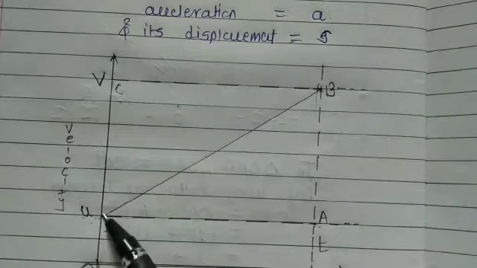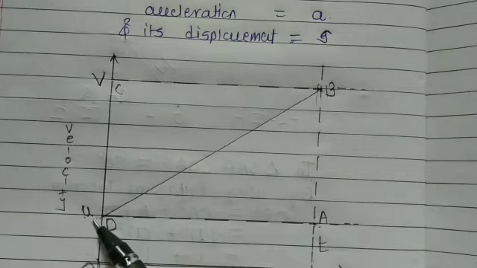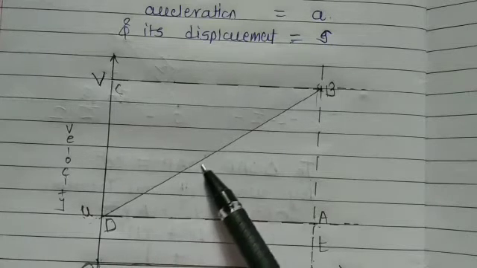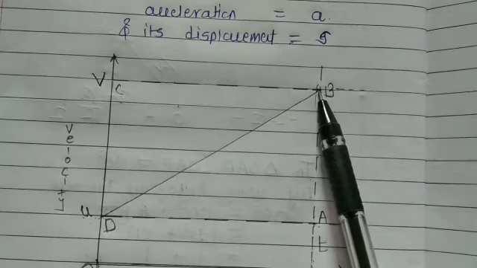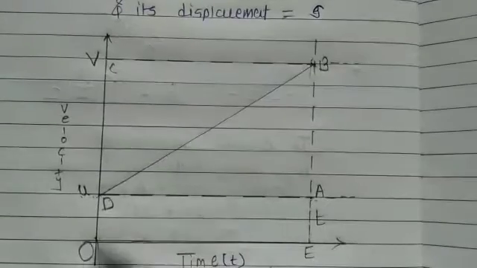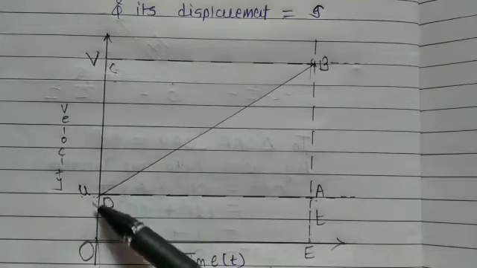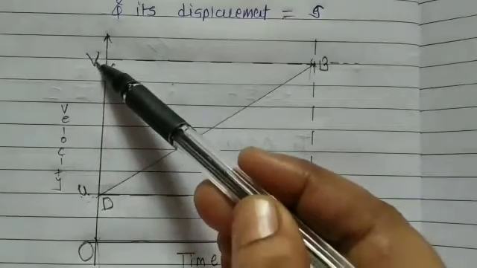The object starts from point D in the graph, see, with velocity u. Its velocity keeps on increasing and the object reaches point B after time t. So from the graph, student, initial velocity OD is equal to u and final velocity OC is equal to v.